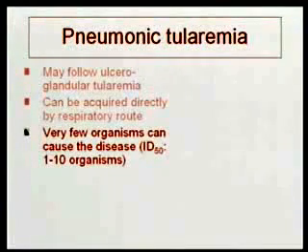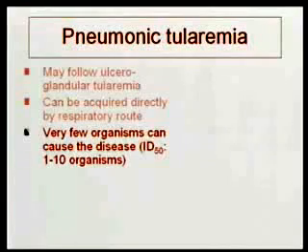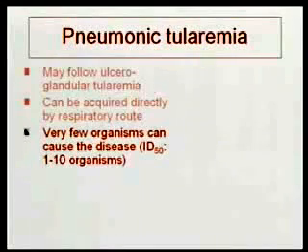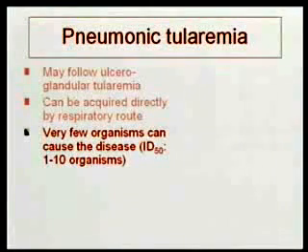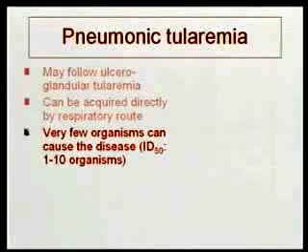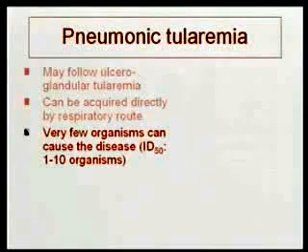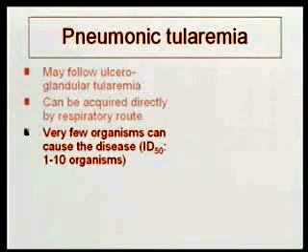Very few organisms will cause this form of disease, as few as 1 to 10. And obviously that is why this organism is one of the bacteria on top of the bioterrorism list. The other one is anthrax, which we will talk about in a little while.